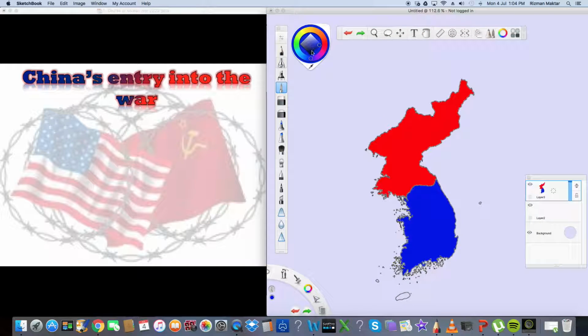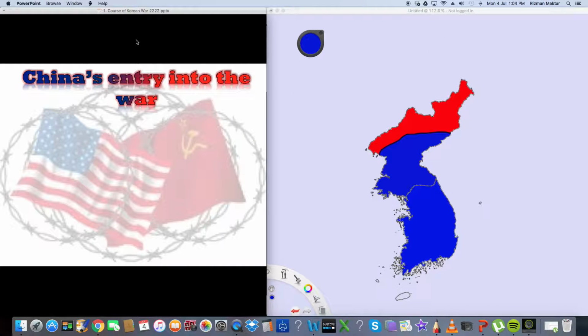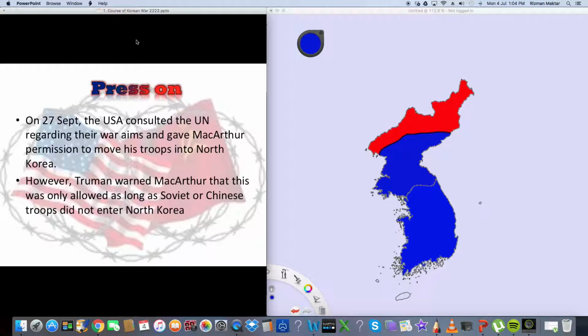They managed to push them right about maybe somewhere around here. They were very successful. This one should be under the press on.